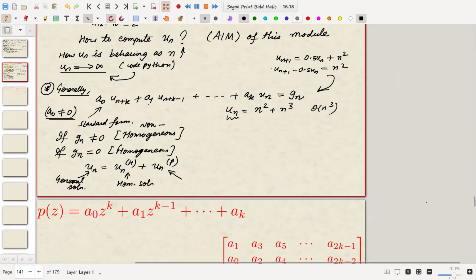This is the particular solution. Agree? Okay. So this is what we plan to solve in this module.